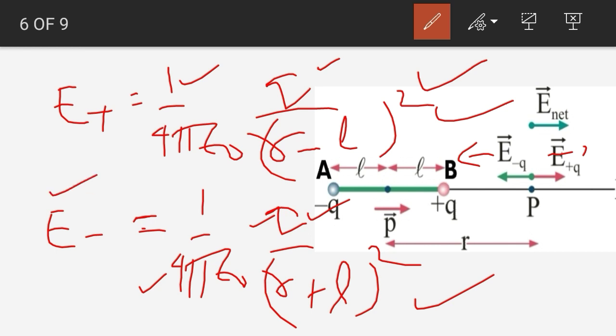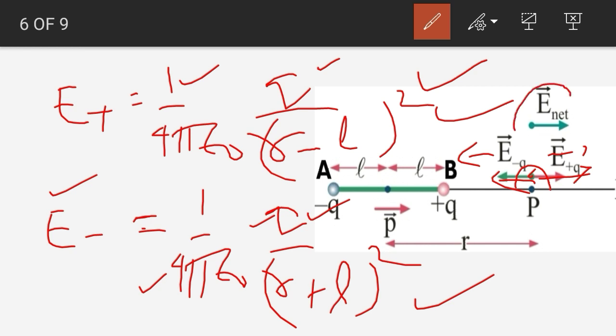So whenever two electric fields are one towards right and another towards left, we subtract to evaluate the net electric field, and its direction is given by the electric field which has greater magnitude. Here in this case it is E plus, right?